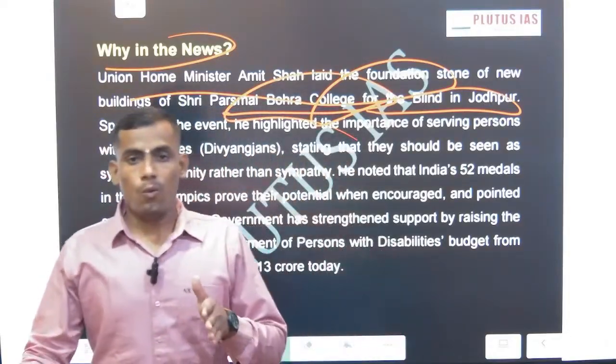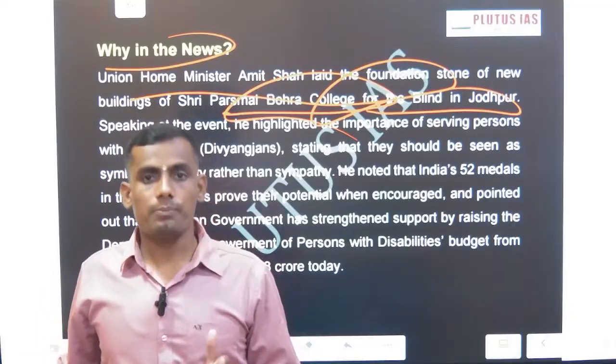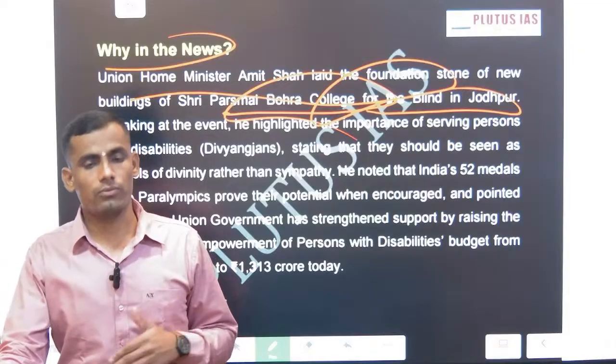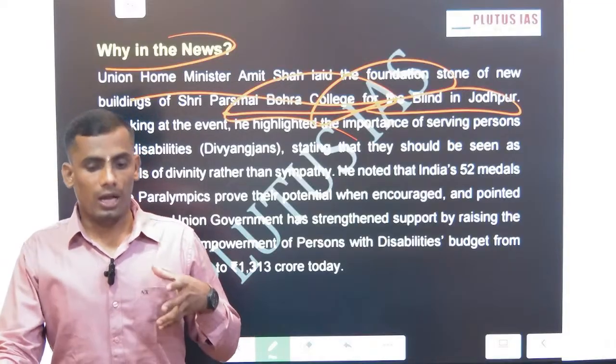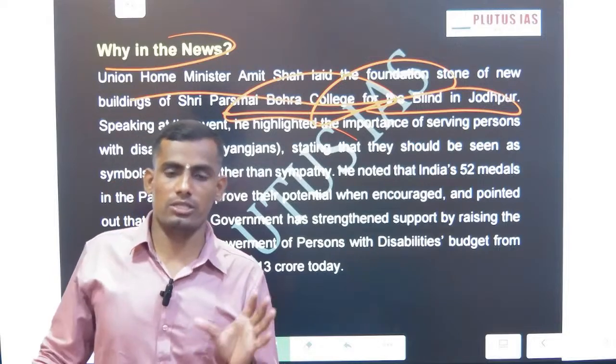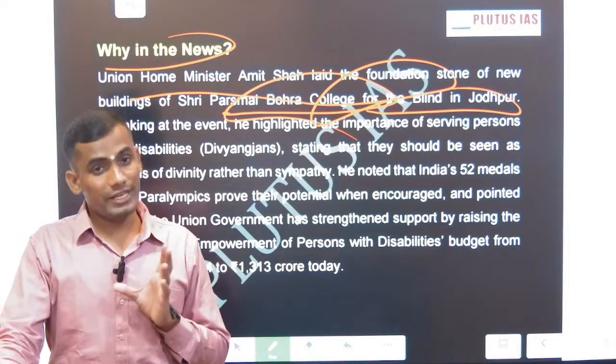So why do we call them persons with special ability? Earlier it was called persons with disability, but now the government has changed the terminology to Divyangjans, persons with special ability.